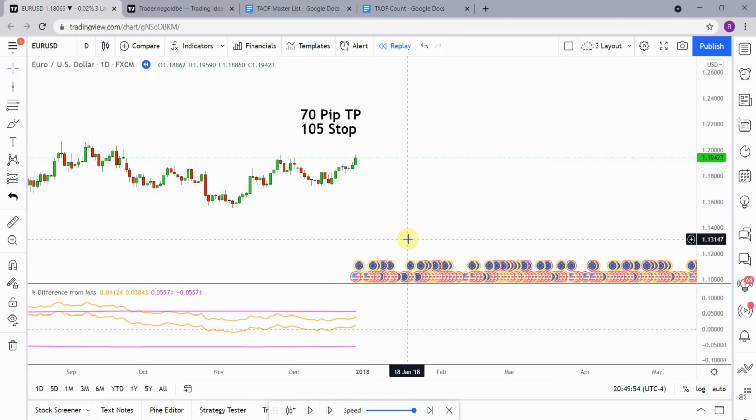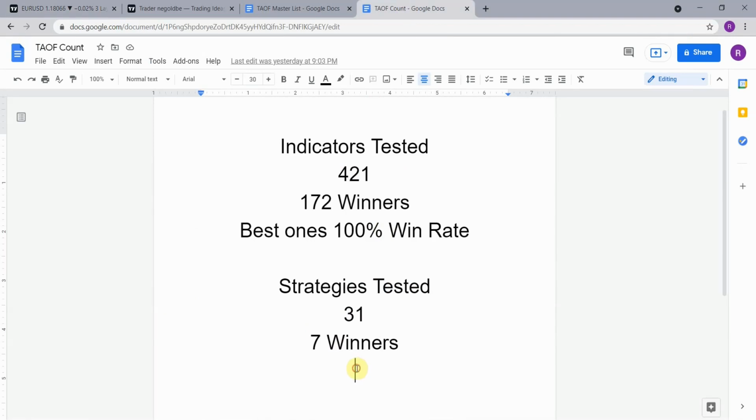Alright, as I said, today we will be testing the percent difference from MA's indicator. Before we do though, I wanted to put the testing scoreboard up for everyone to see. So to date, we have tested a total of 31 different strategies, with 7 of them being winners.